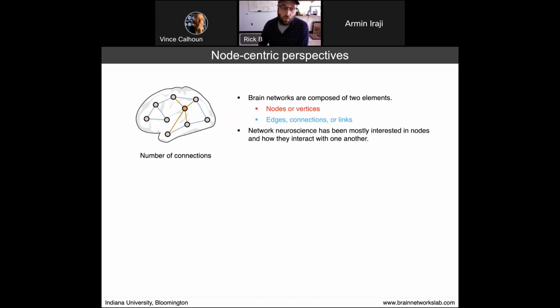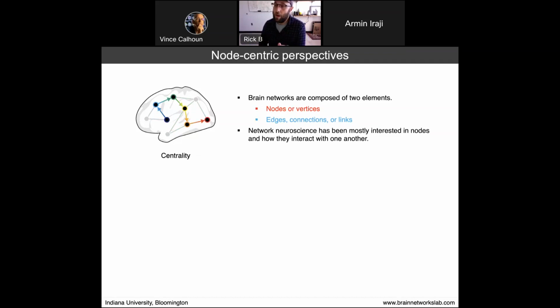This could be the number of connections that a node makes, its degree, the community assignments, the cluster to which a node is assigned, the centrality of a node with respect to some dynamical process unfolding over the network.